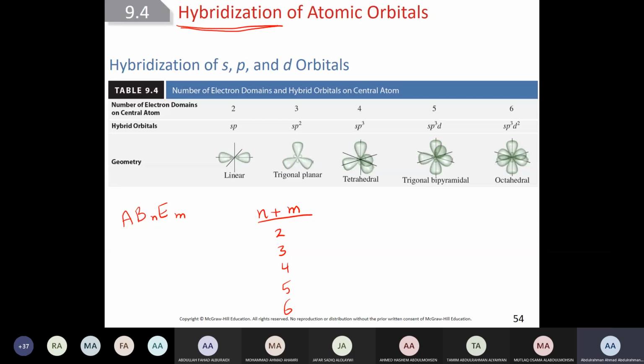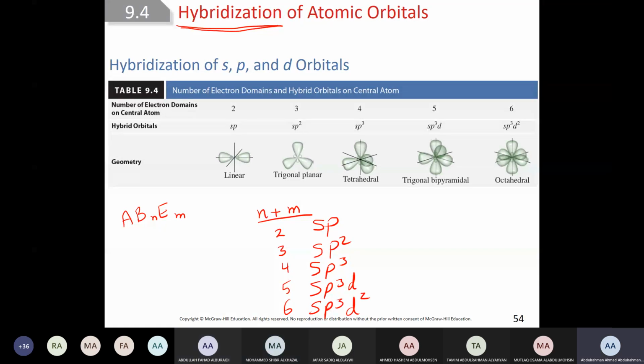If we have 2 only, then S would mix with P to make sp hybridized orbital. If it's 3, it's going to be what? sp2. How about 4? sp3. How about 5? sp3d. And 6? sp3d2.